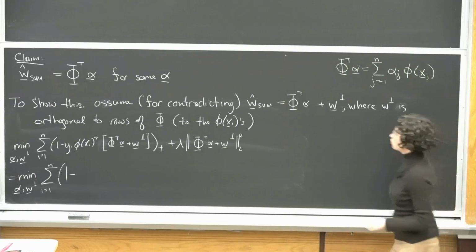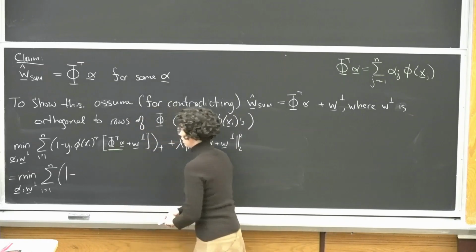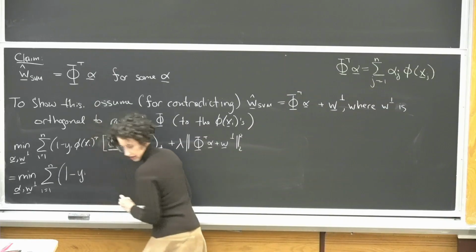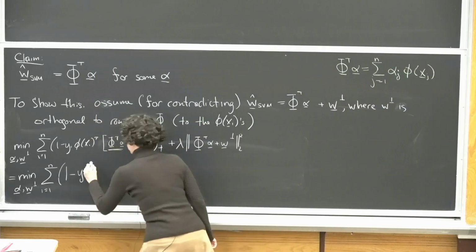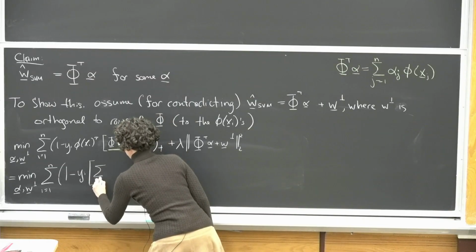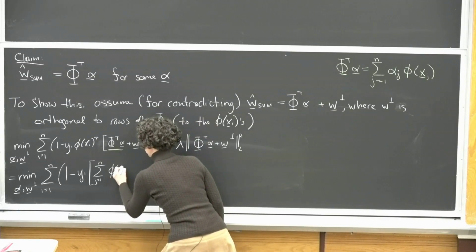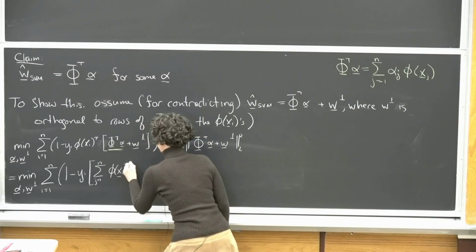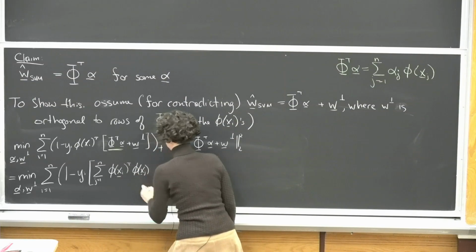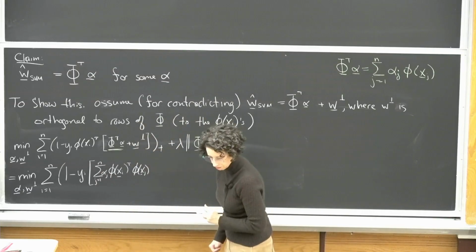And so I am just going to plug that in right here. What I'm going to have is yi, and then in my brackets here, the sum from j equals 1 to n of phi of xi transpose phi of xj, and that gets multiplied by this weight, alpha j.